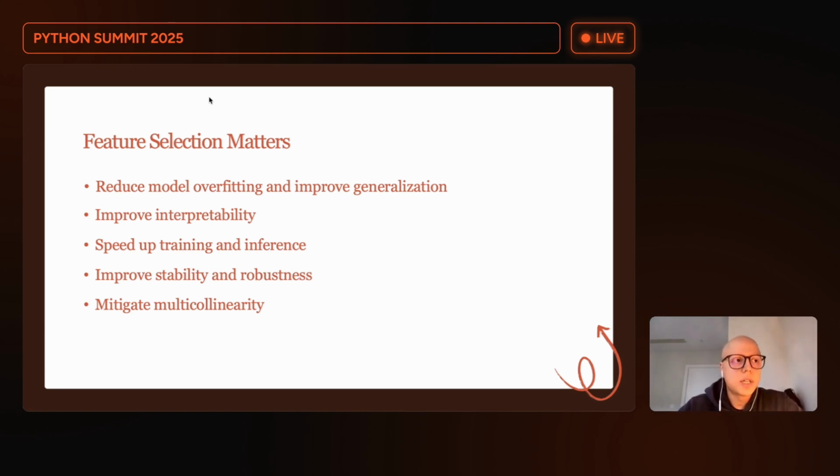hyperparameters to tune. It improves stability of the models that we build, and that's connected to the first reason: given that it reduces overfitting, usually within smaller sets of possible values it's easier to find the optimal set of parameters. And it mitigates multicollinearity.